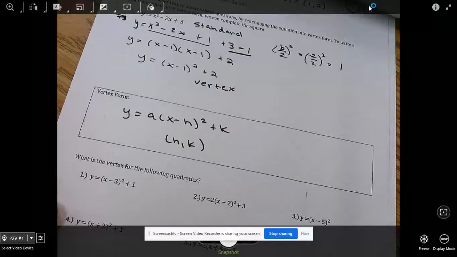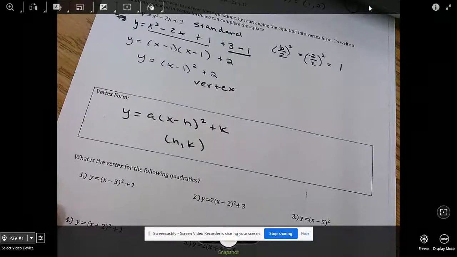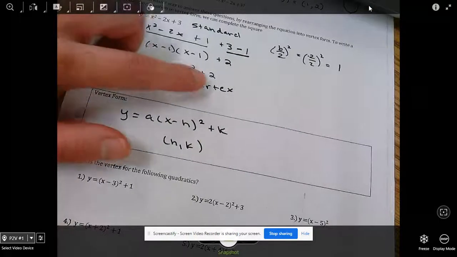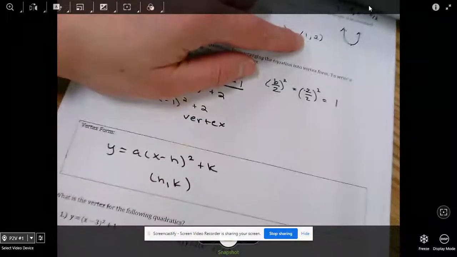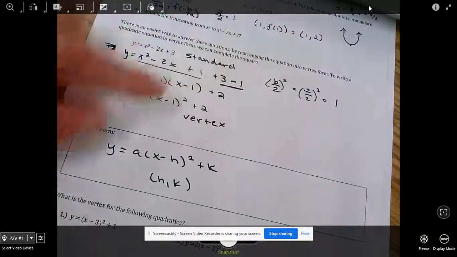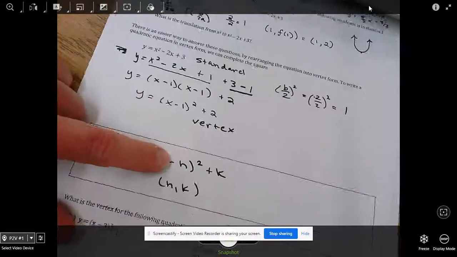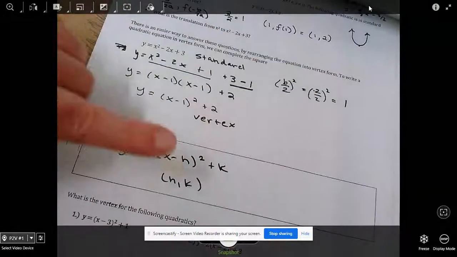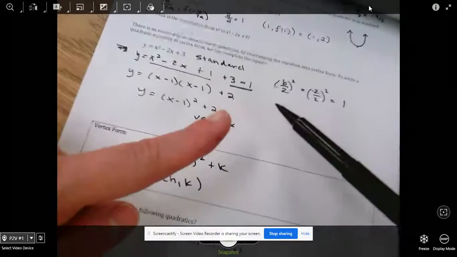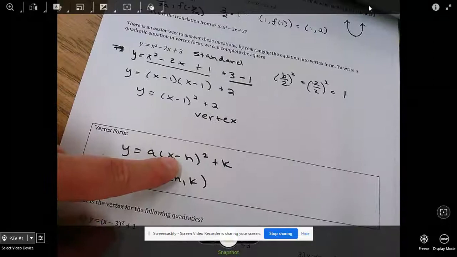Okay, (h, k) is the vertex. So look, (1, 2) is the vertex. Well, why does it say minus h? Because when we move from left to right, to find distance, we use subtraction, right? So that's why it's negative.